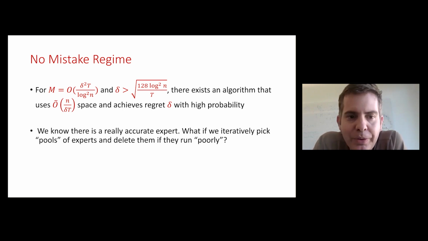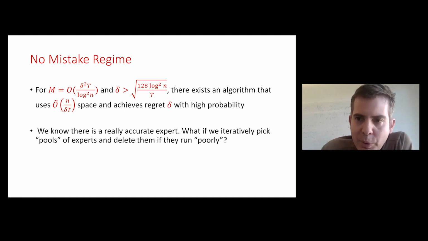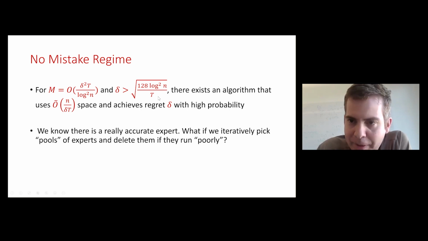Okay, so let's start with some warm-ups. We're going to look at arbitrary order streams first. If the number m of mistakes of the best expert is sufficiently small, like order delta squared t, as we said, and delta is above the information theoretic limit, roughly speaking, then you can get n over delta t memory with delta regret.